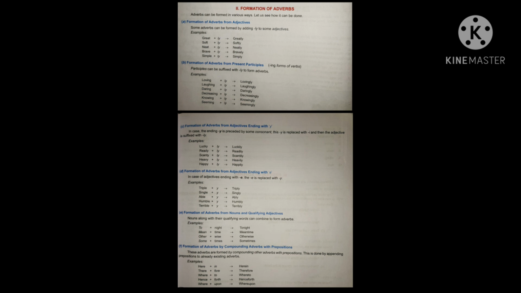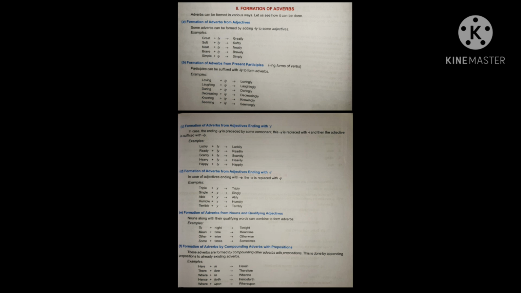Next one is formation of adverbs from nouns and qualifying adjectives. Nouns along with their qualifying words can combine to form adverbs. See, for example, here the example given is 2 plus night. So night is the noun there and 2 is the adjective.